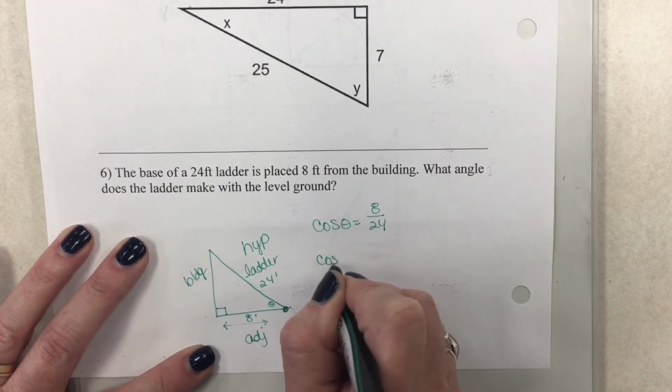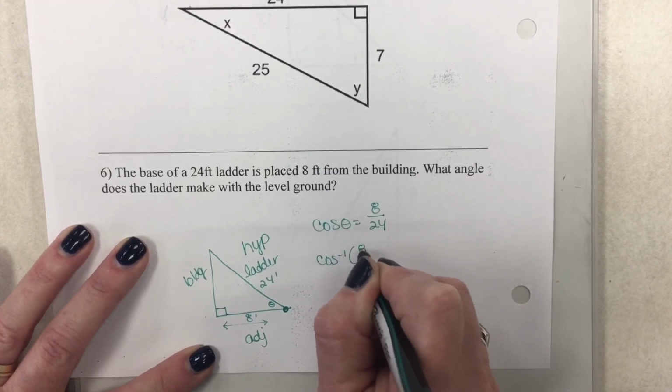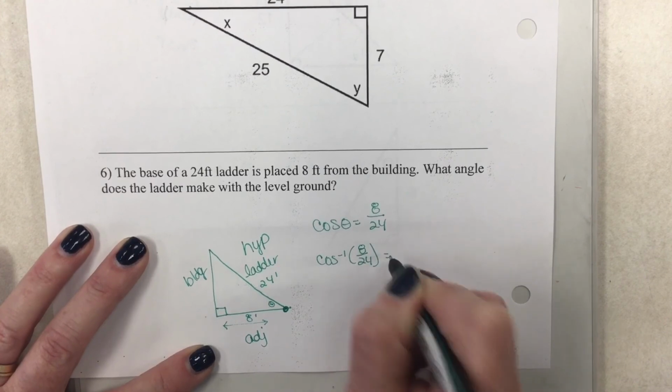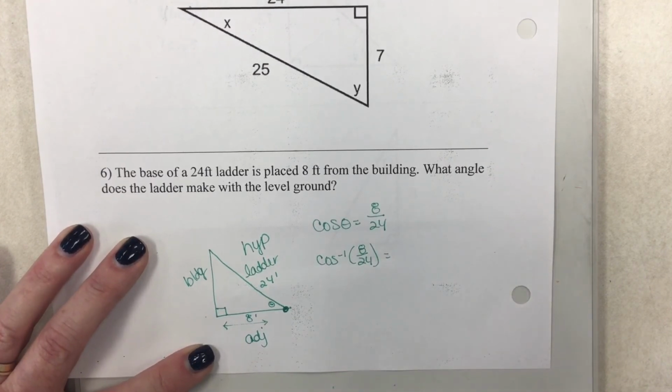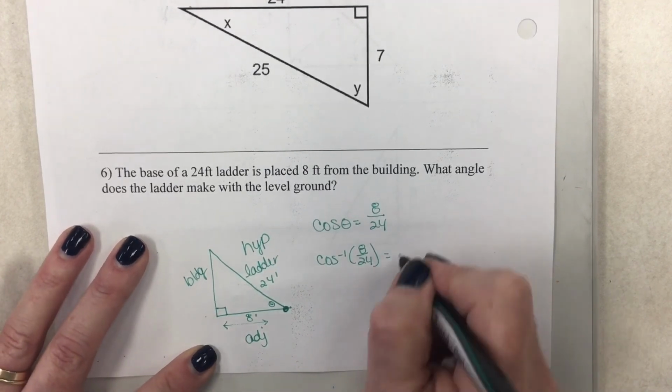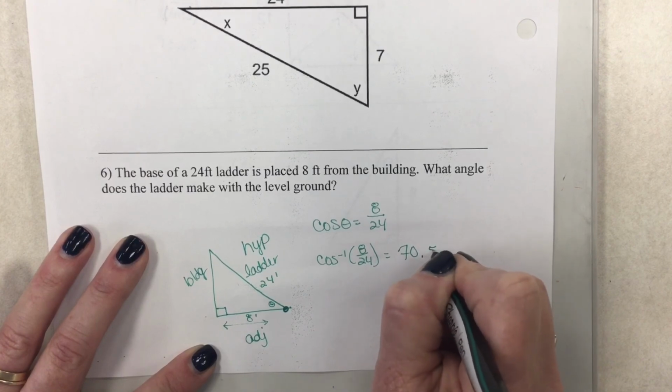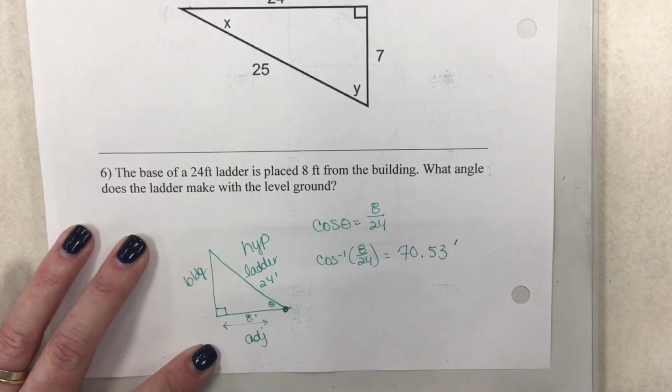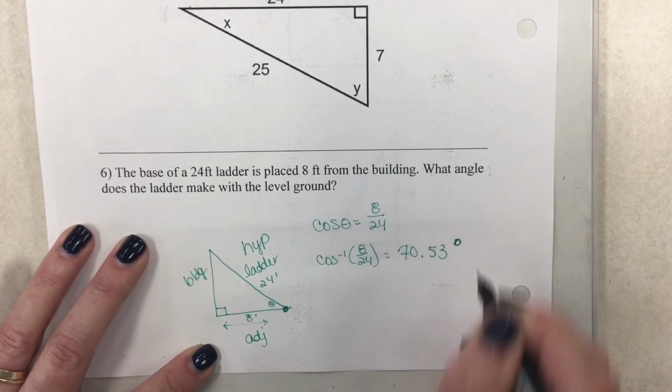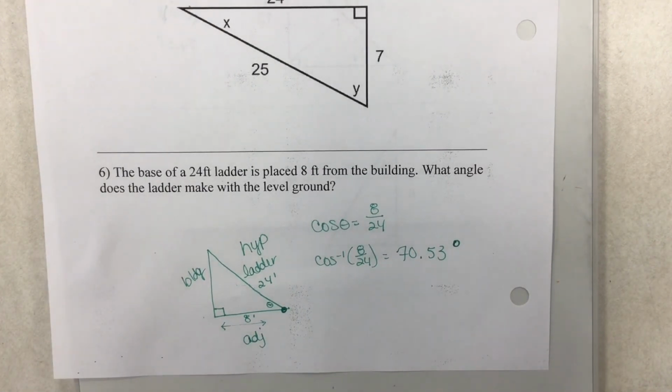To find the angle, I always use the inverse. So I take on my calculator the inverse cosine of 8/24. You should get 70.53 degrees. Finding an angle. Questions on that?